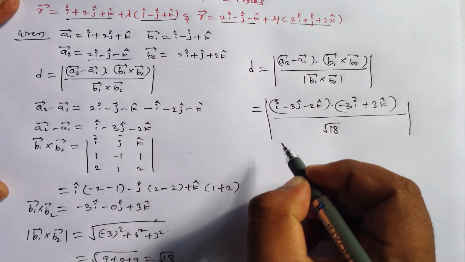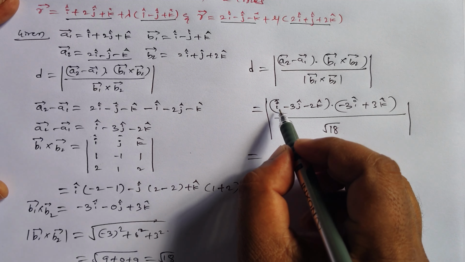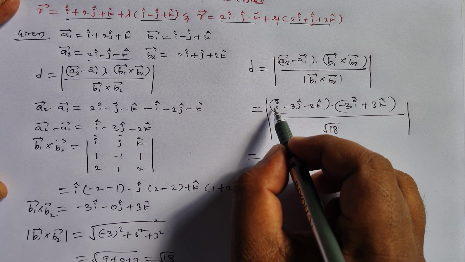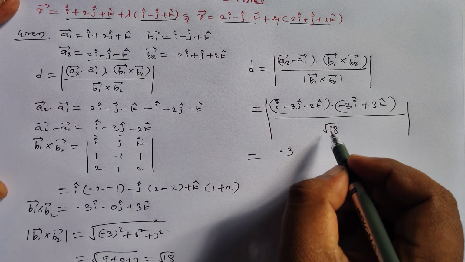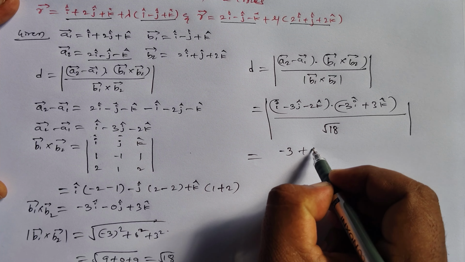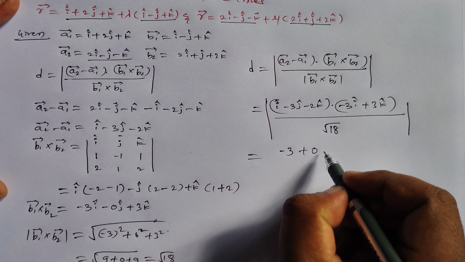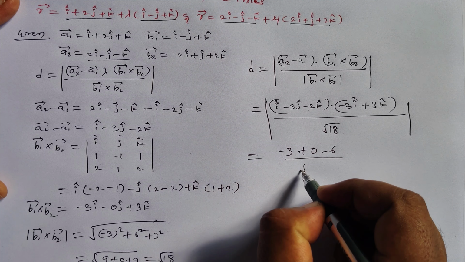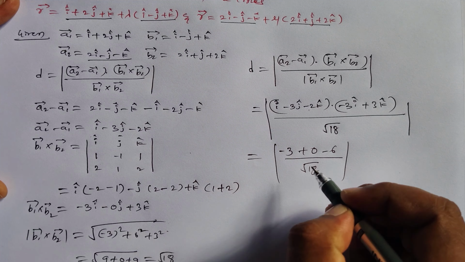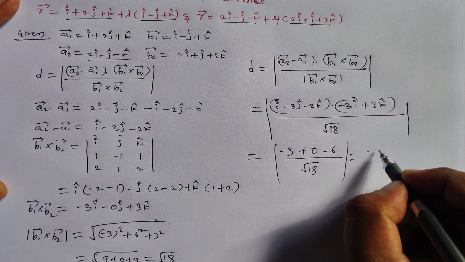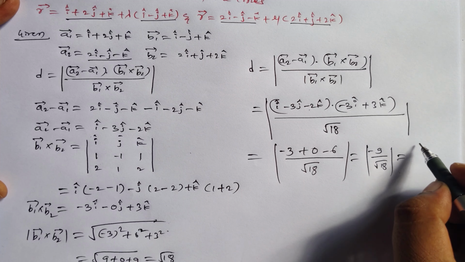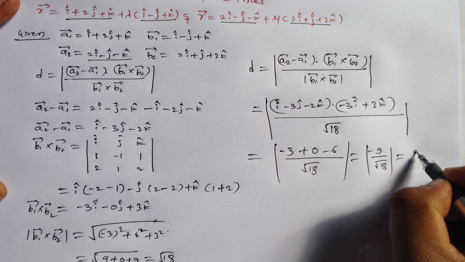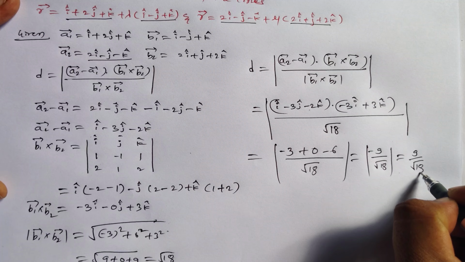Right, the dot product is there, so multiply the coefficients. Here 1 into minus 3 becomes minus 3, and 0, there is no j coefficient. Minus 2 into 3 is minus 6, divided by root 18. That is equal to minus 3 minus 6 becomes minus 9, so minus 9 by root 18. Then the distance is positive, so that is 9 by root 18.